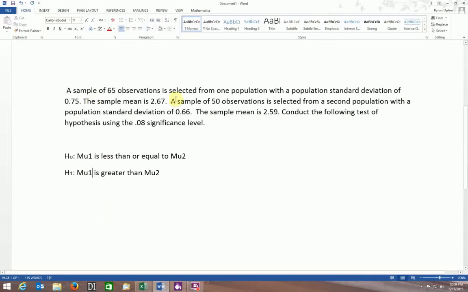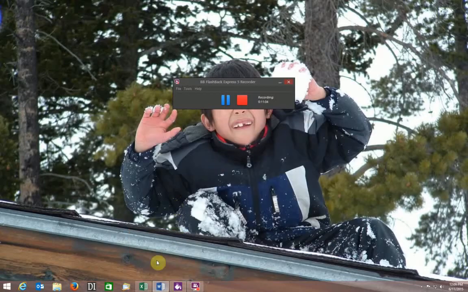So, population deviation of 0.75, sample mean is 2.59, so conduct. But let's go look up then. So we've got a single tail of 0.08. Okay, so now we're not doing the dividing.